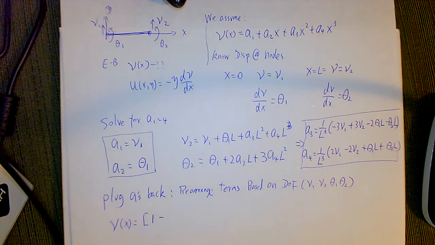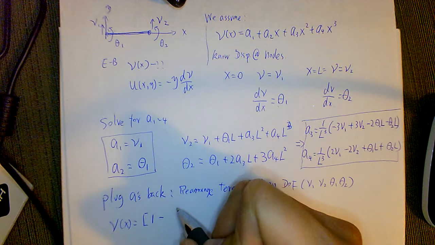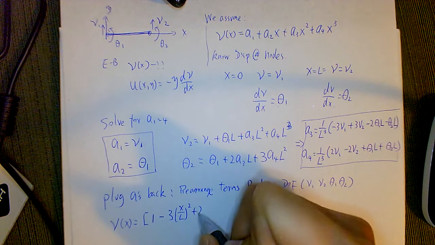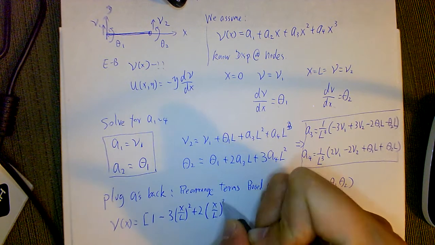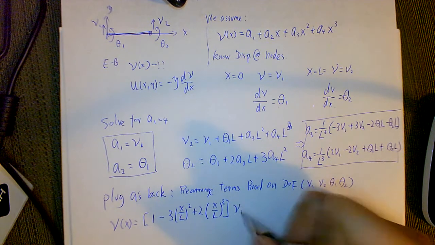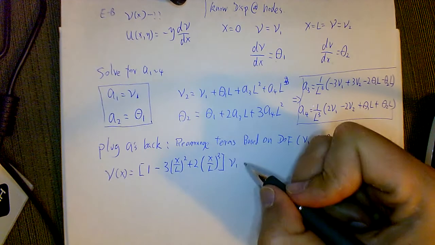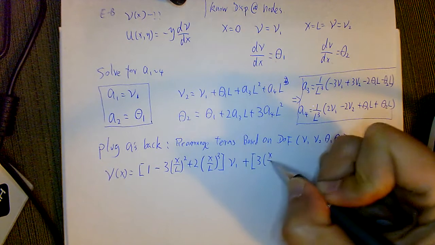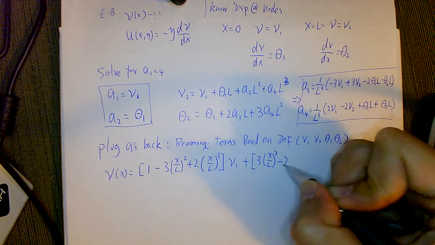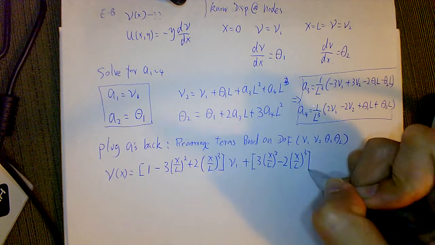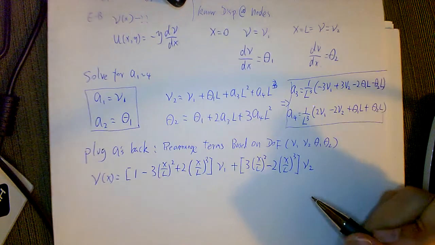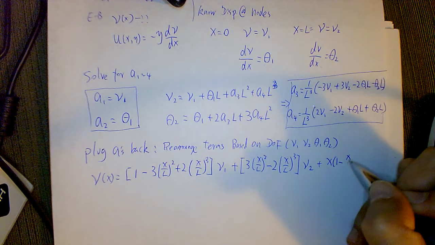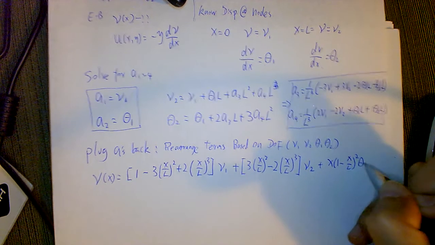1 minus 3 times (x over L) squared plus 2 times (x over L) cubed, times V1, then plus 3 (x over L) squared minus 2 (x over L) cubed, times V2, then plus x times (1 minus x over L) squared, times theta 1.